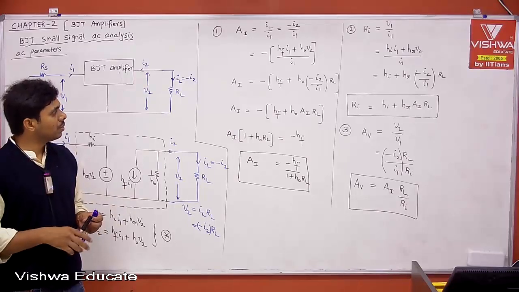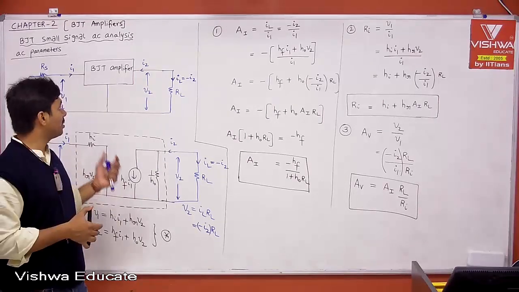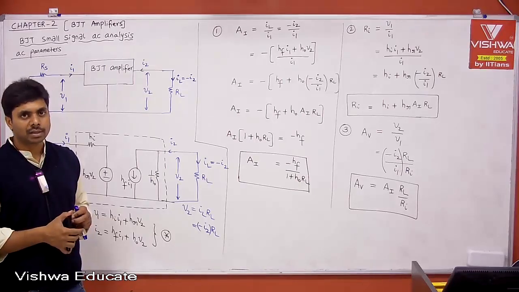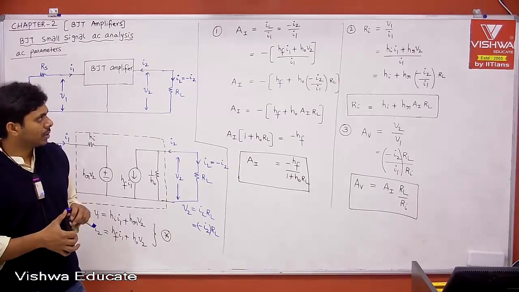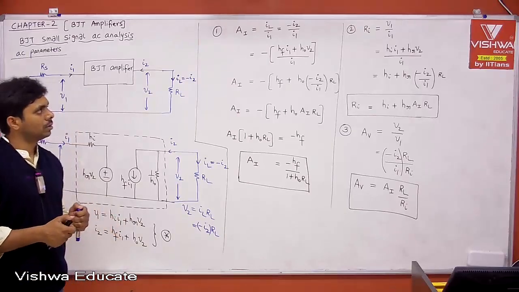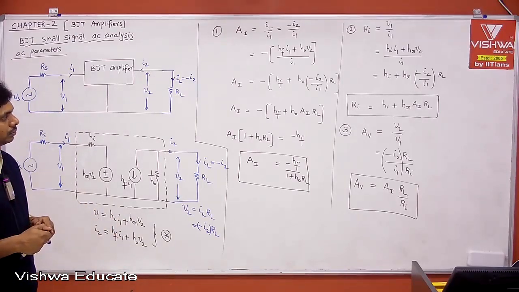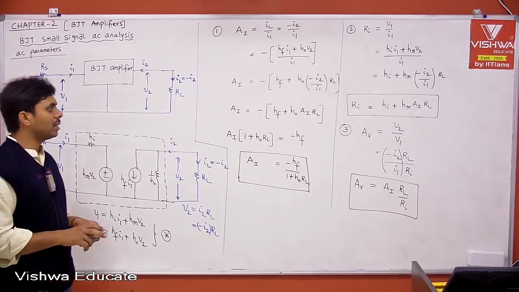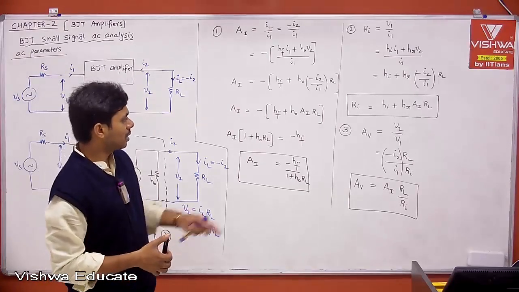Now take the last one related to your amplifier AC parameters, which is the output impedance. But if I start the fourth one, it is not straightforward.